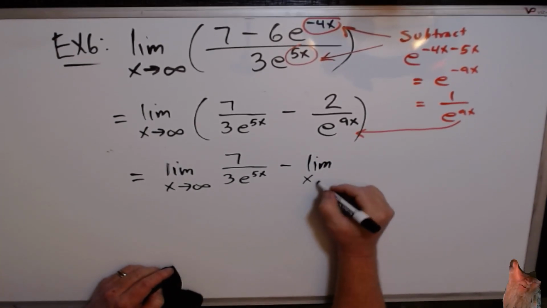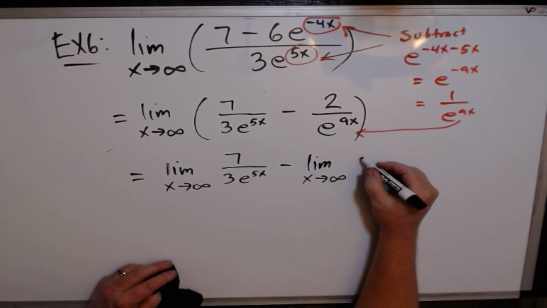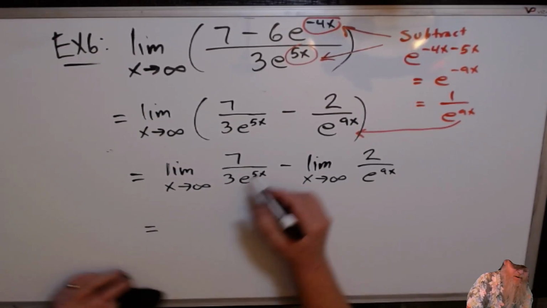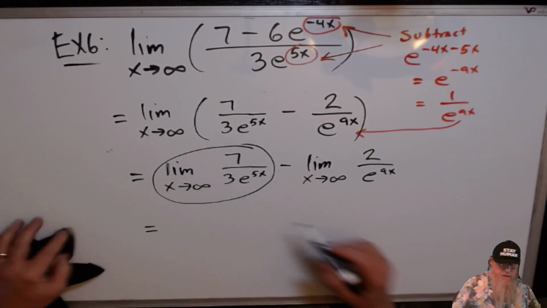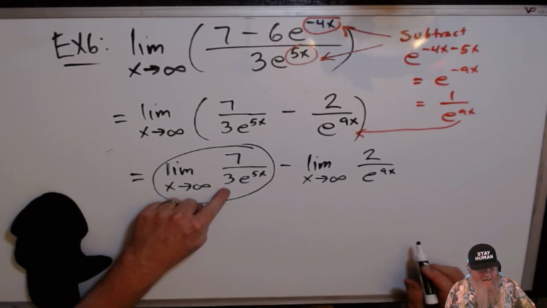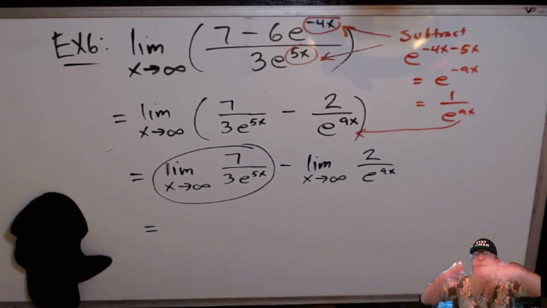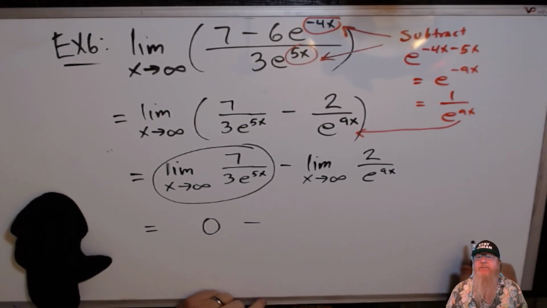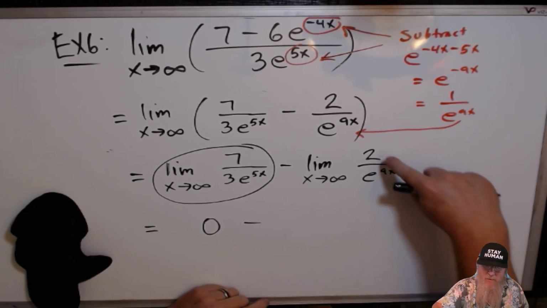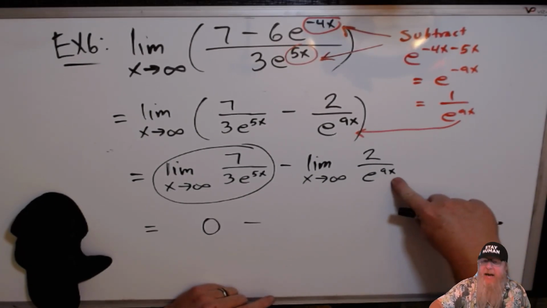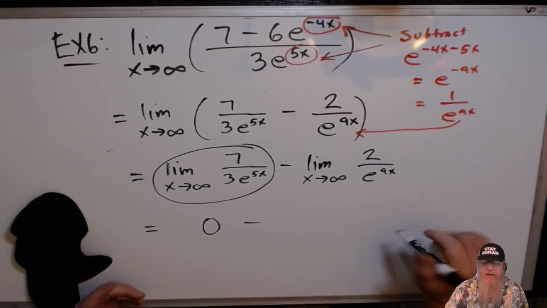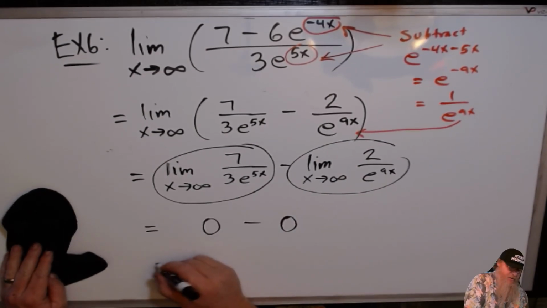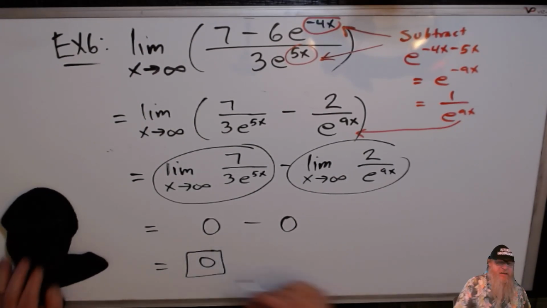The limit goes to both of them. All right, what's that limit? You have 7 divided by 3 times a very magnificently large number. That's 0. You have 2 divided by a very magnificently large number. That's another 0. So this limit is equal to 0.